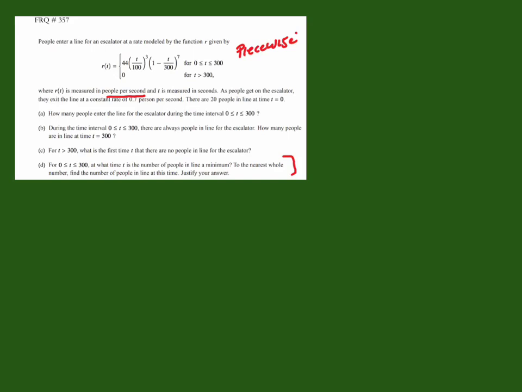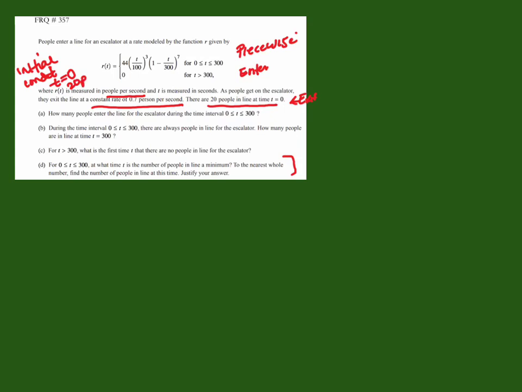As people get on the escalator, they exit at a constant rate of 0.7 persons per second. So this is how they enter, and this is how they exit. And there are 20 people in line, so we have an initial condition: when t equals 0, we have 20 people. So we have all that information.